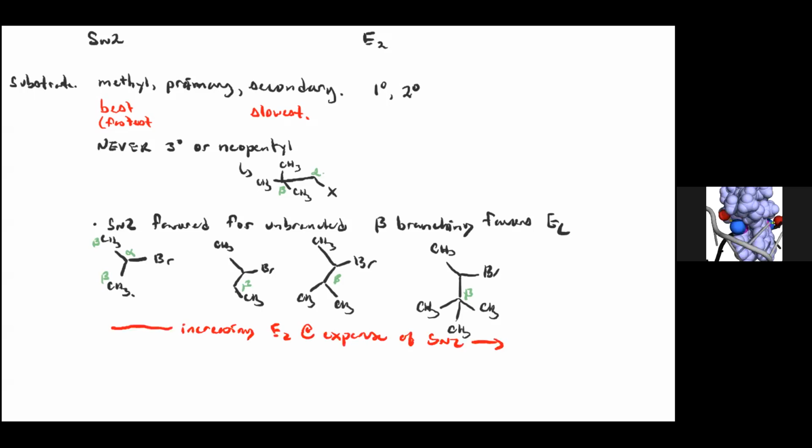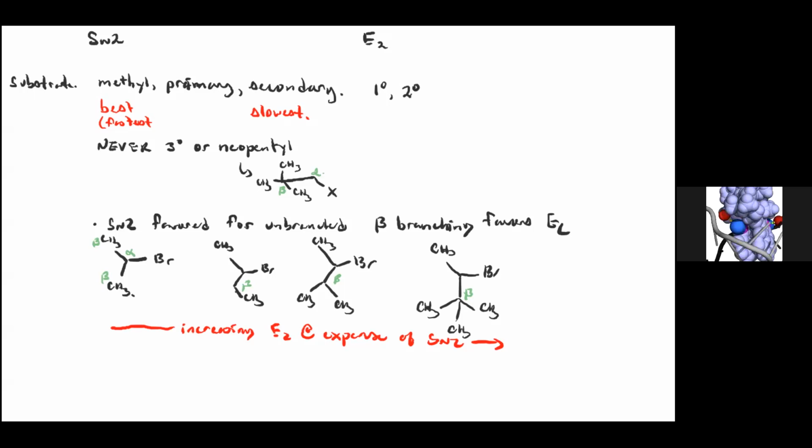We went through this in the lecture, so I won't redo it here, but you can go back to those notes. There's a conformational effect that explains this. You can orient the substrate in such a way that a hydrogen is syn to the leaving group, as long as you have one beta hydrogen. As you start to substitute those beta hydrogens for methyl, you start to have to access higher energy conformers to have that presentation of the beta hydrogen.